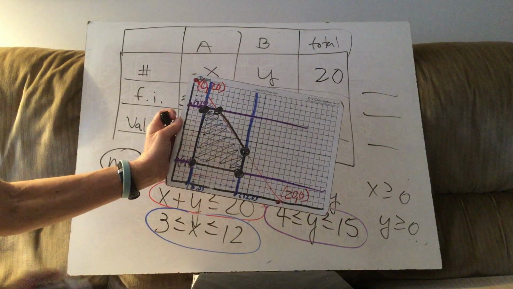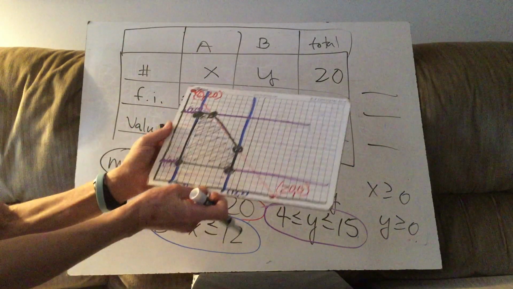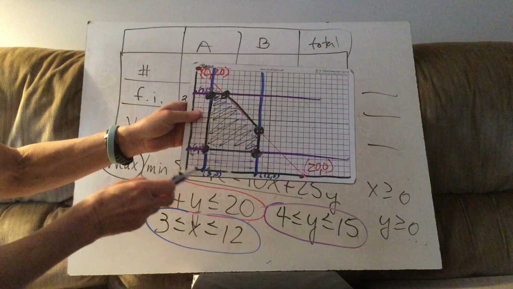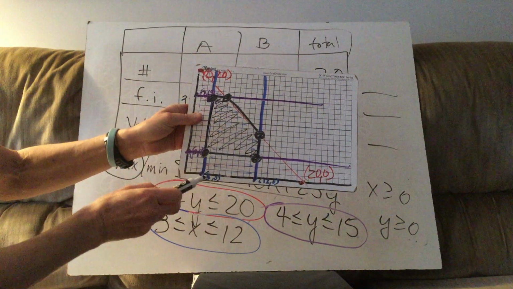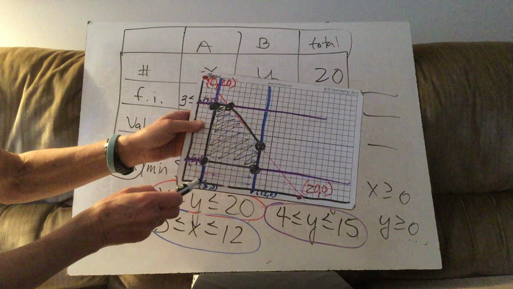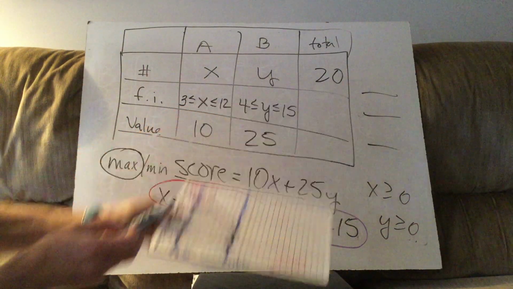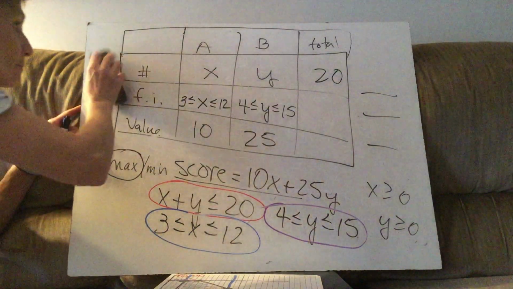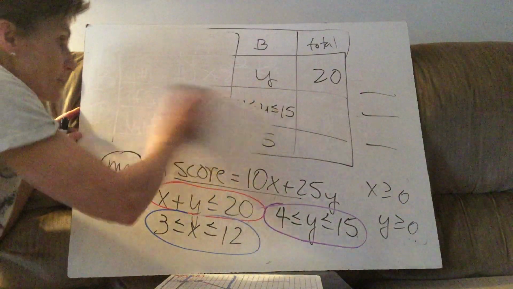Okay, some of them are super simple. This guy, for example, is super simple. This X is 3, and this Y is 4. So that is the point 3, 4. So I'm going to go ahead and write those points down.